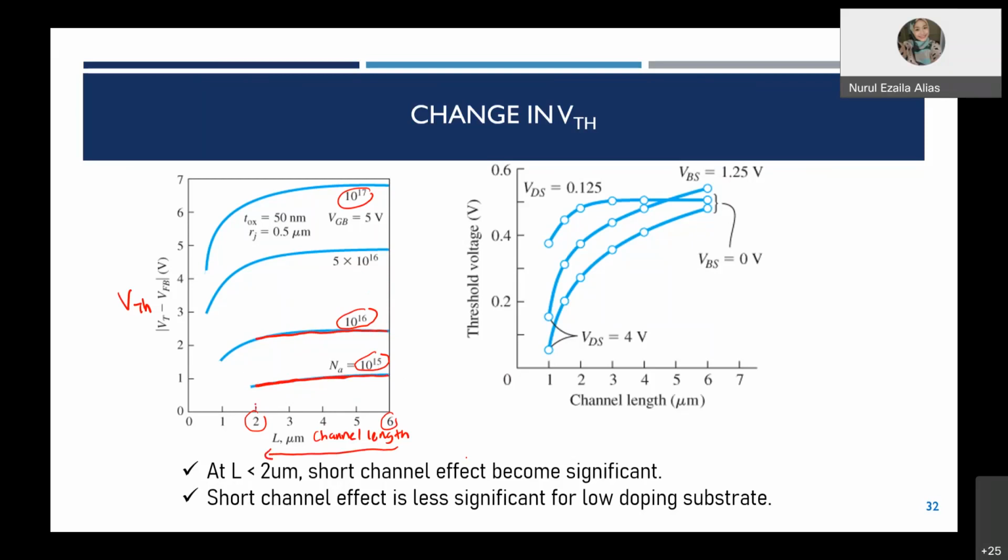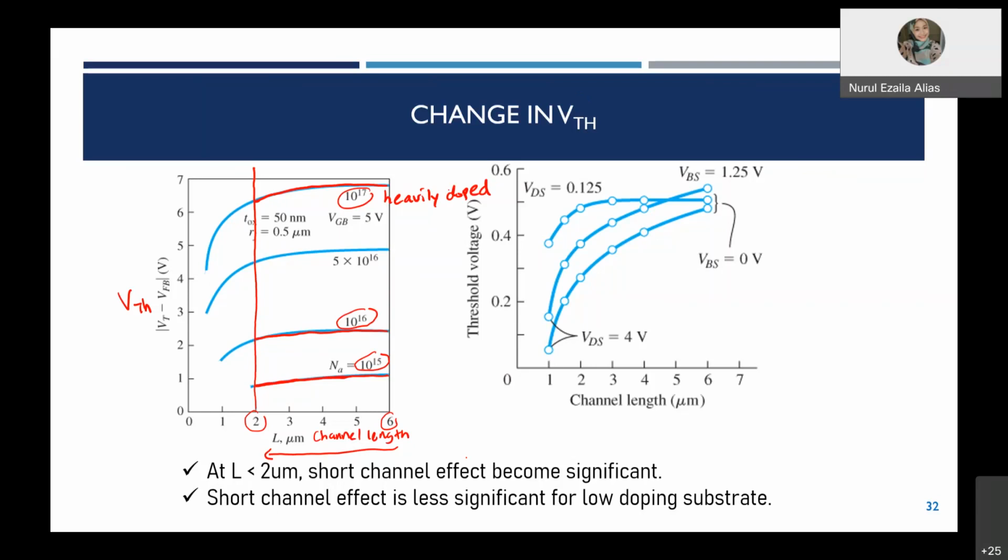But when you increase the channel doping to heavily doped, instead of a straight line, there is a slight decrement. Like I said, the threshold voltage does not only depend on the gate length; it depends on many things, such as concentration, and sometimes oxide thickness does affect it. But now we just want to see the effect of the gate length.